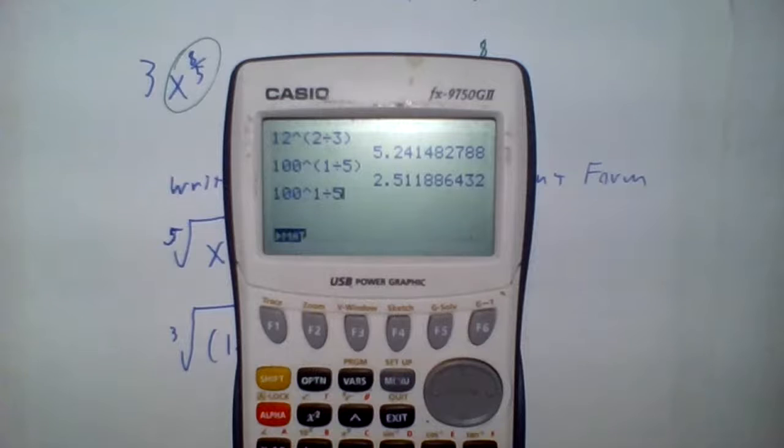We could do that in our head, because 100 to the 1st power is 100. That answer divided by 5 comes out 20. That's fine, but that's not what I'm trying to do here. I'm trying to do a 1/5 power. So you have to make that difference. You have to use the parentheses or something to make sure that that fraction is in your exponent.